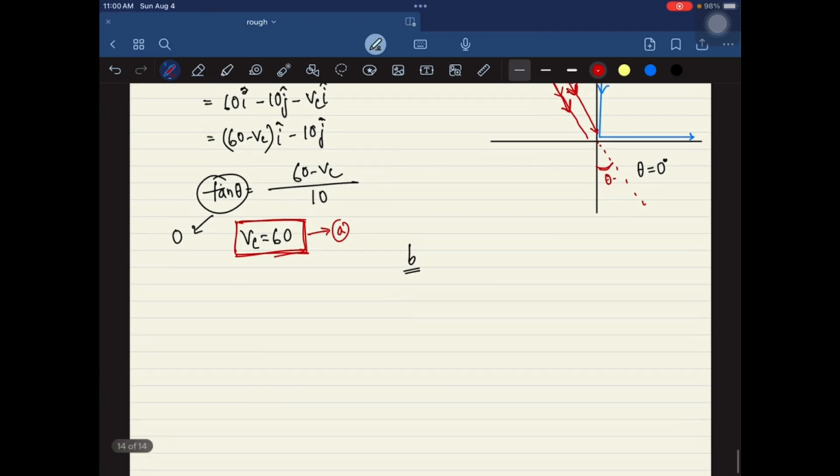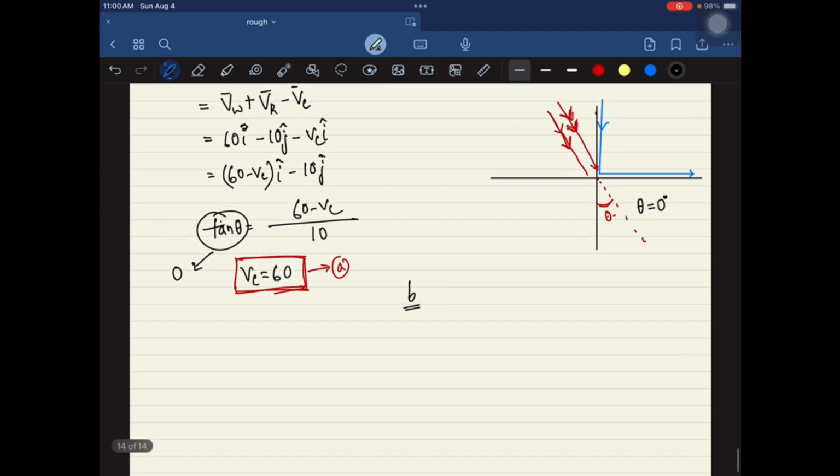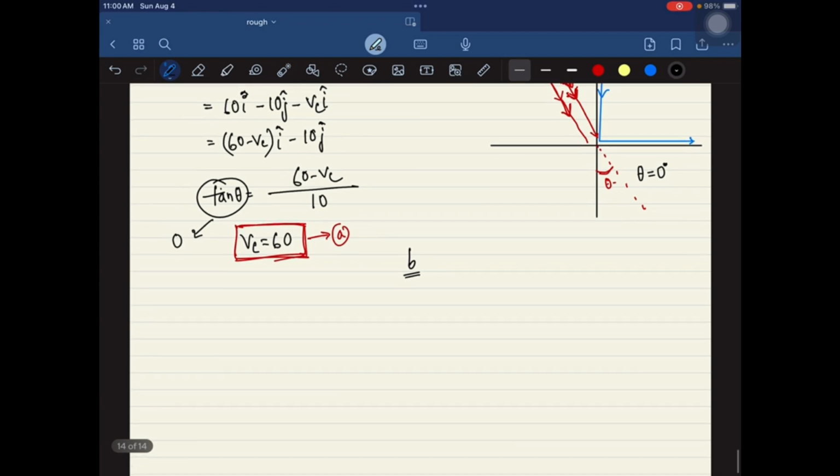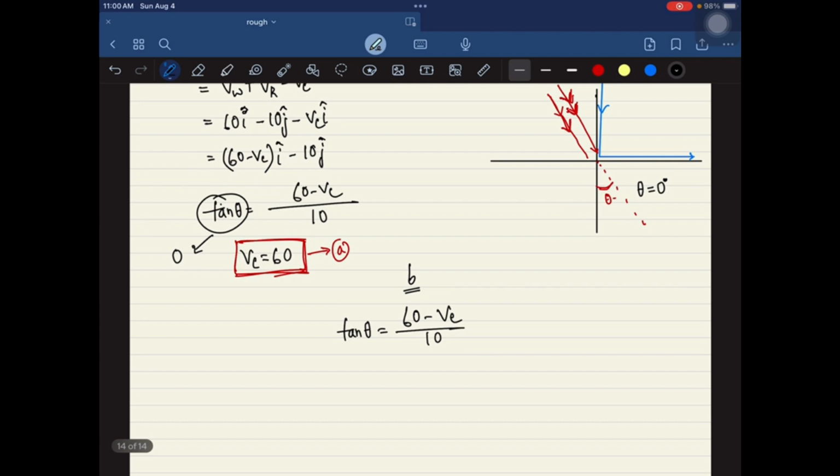For this one, tan theta equals (60 minus VC) divided by 10, and theta should be minus.